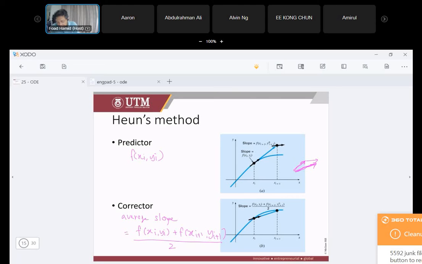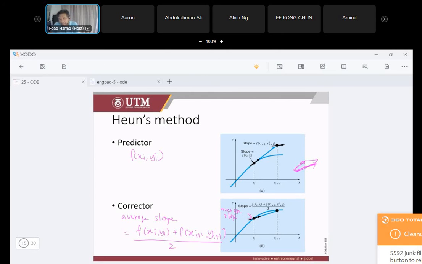So this is what we get. So this is the average slope: the slope at the first point and the slope at the predictor point. Okay, so this is what we call only one cycle of Heun's method.